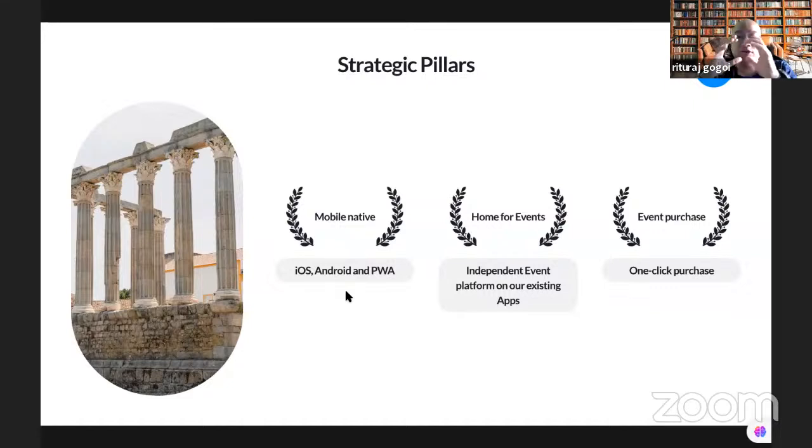So we wanted that entire purchase journey to be inspired and optimized basis whatever we have already achieved in our other modules. So that was another strategic pillar that we identified, and that will then determine what's coming next, which is the product roadmap.